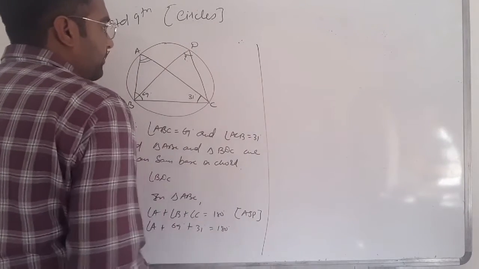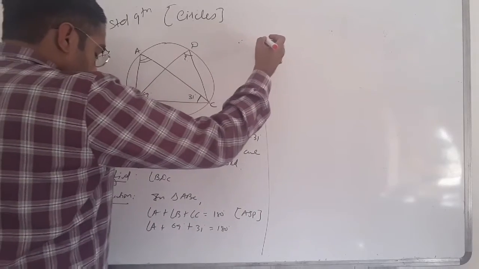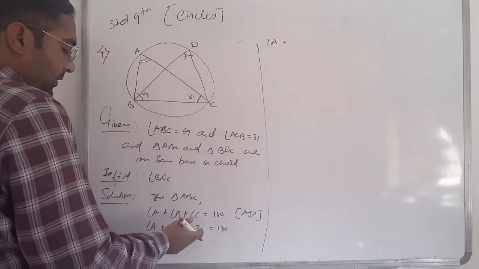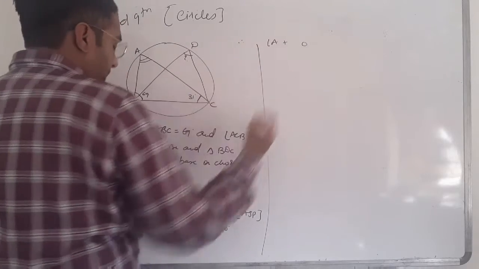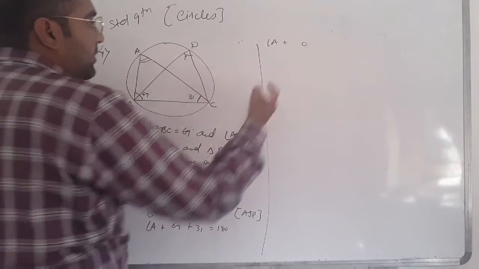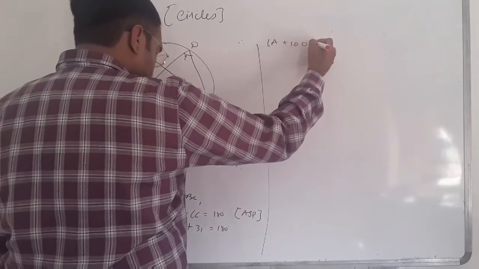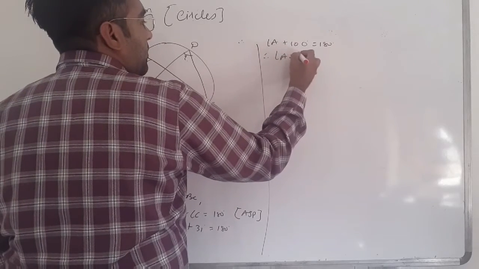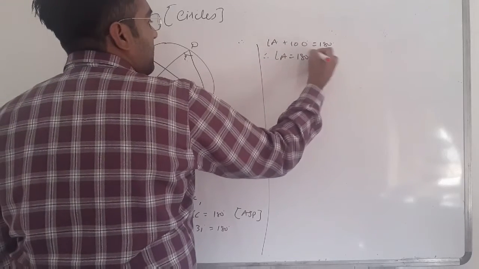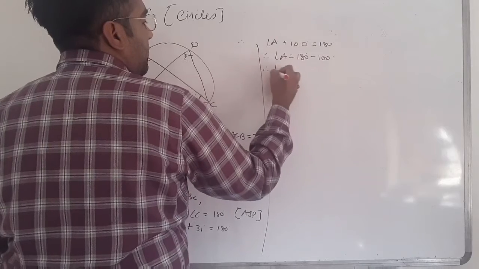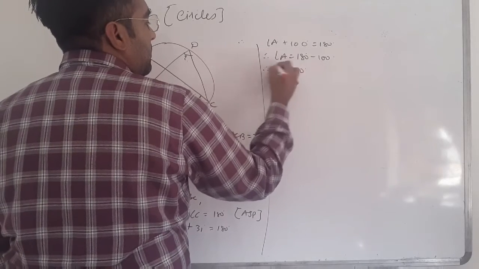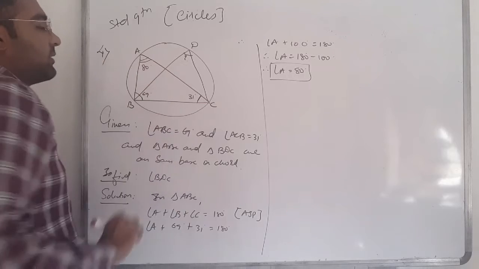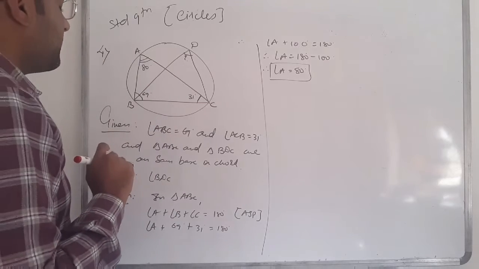Therefore angle A plus 100 degrees is equal to 180, so angle A is equal to 180 minus 100. Therefore angle A is equal to 80 degrees.